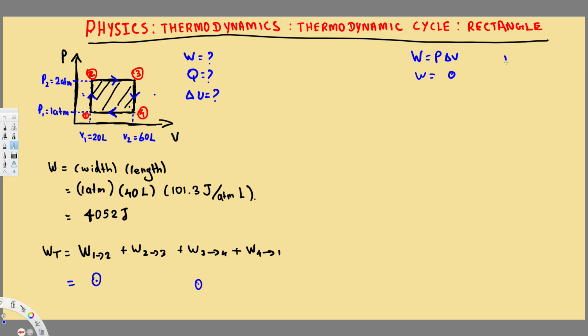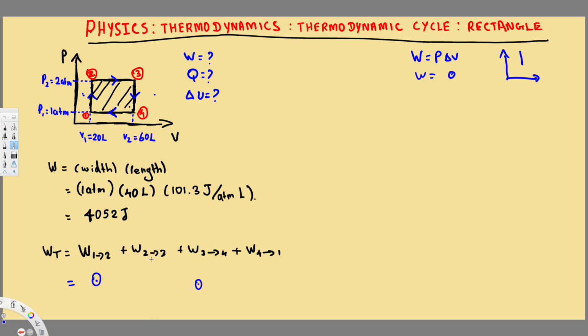Another way, in the PV diagram, to calculate the work you have to calculate the area below the line you draw. For a vertical line, there's no area below it, right? So in that way, you can say it's 0. So there are two ways to explain this.